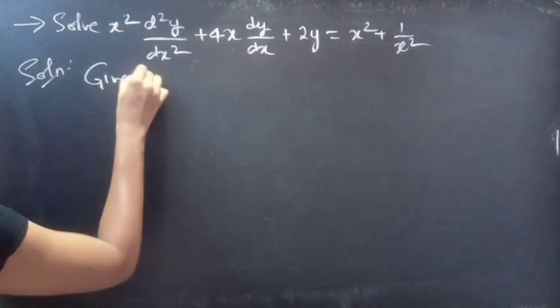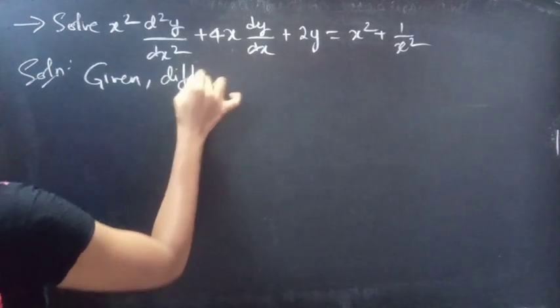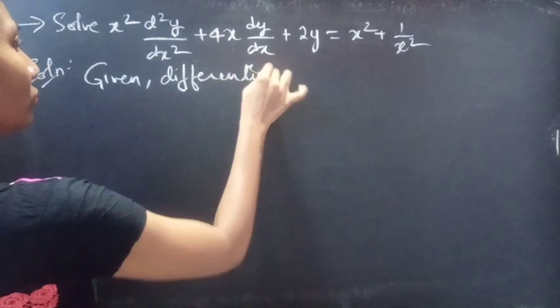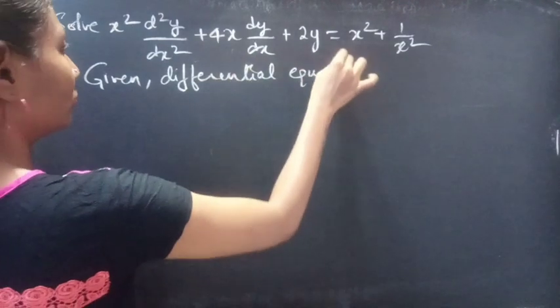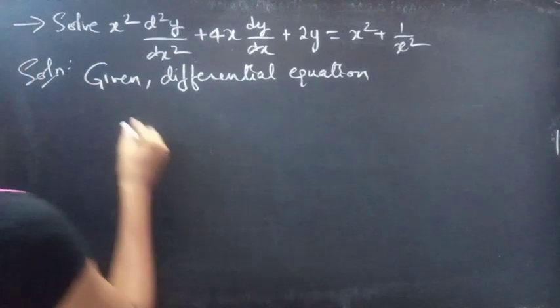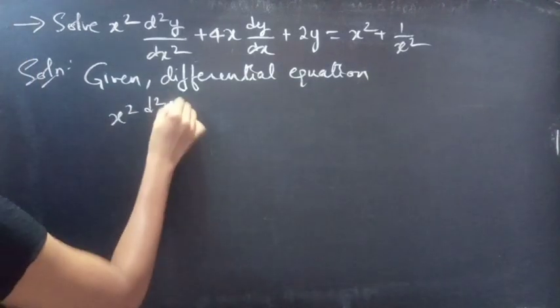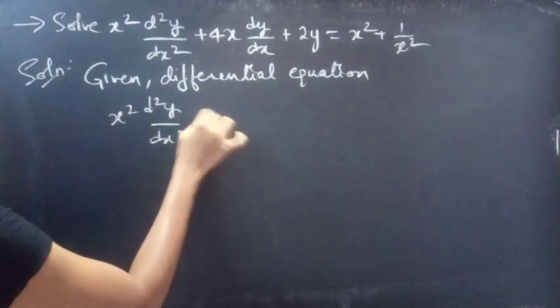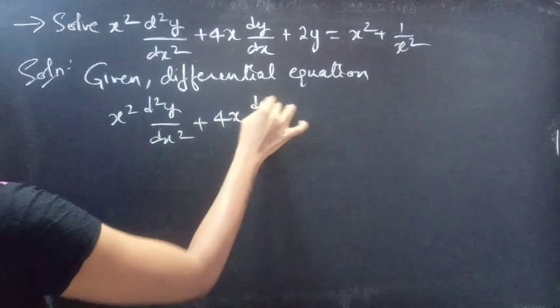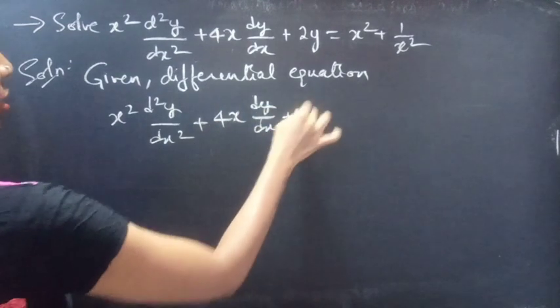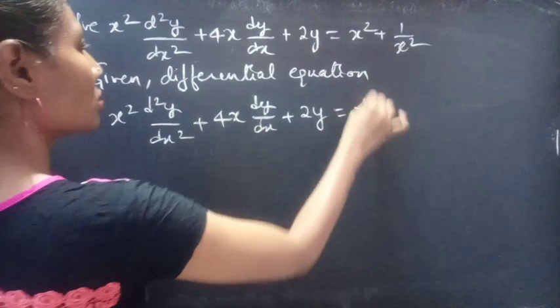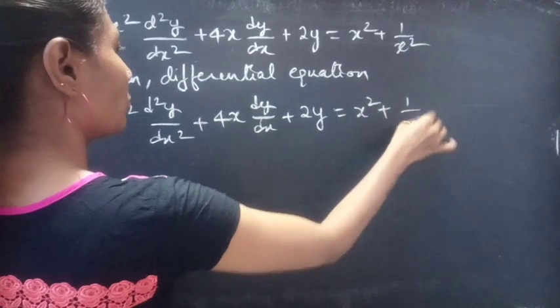Given differential equation: x square d square y by dx square plus 4x dy by dx plus 2y equals x square plus 1 by x square.